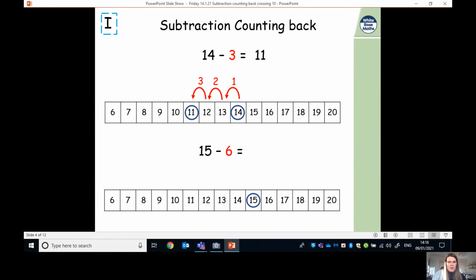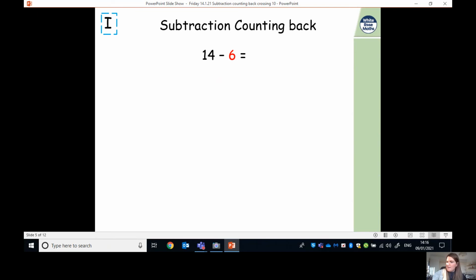We knew we were going backwards on the number line and we had to make 1, 2, 3, 4, 5, 6 jumps. Whew, that was a lot of jumps. And our number we landed on was the number 9. Fantastic work. Okay, let's have another try.